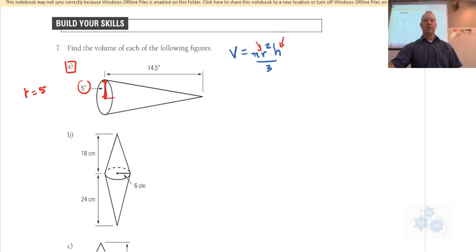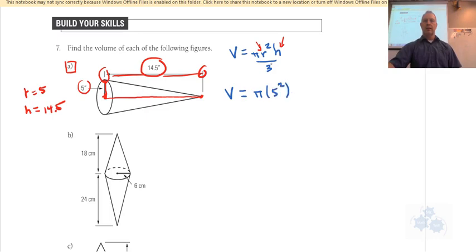Remember, that's from the center of the circle to the very tip. This right here, 14.5 inches, is that exact height. So we can just plug our values in. The volume is pi times 5 squared times 14.5, all divided by 3.